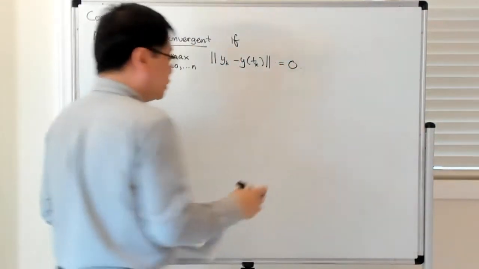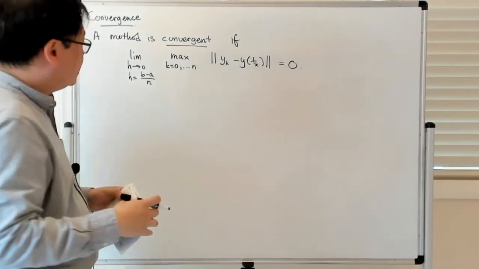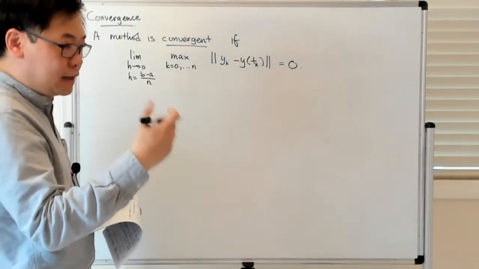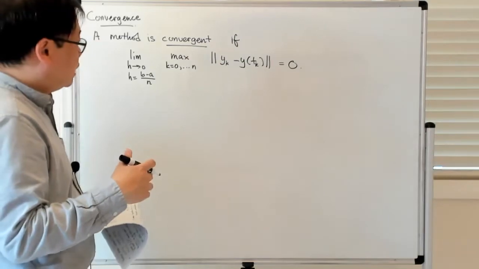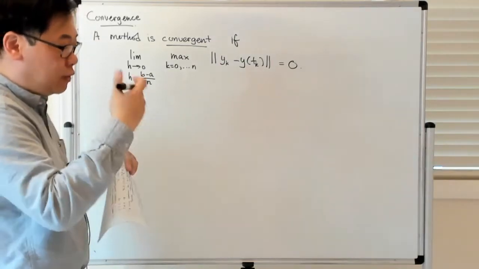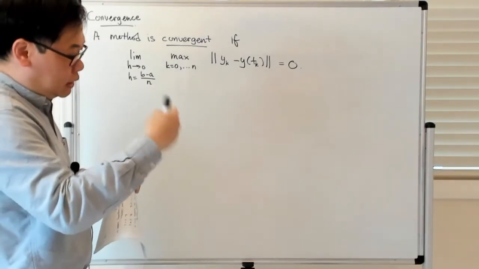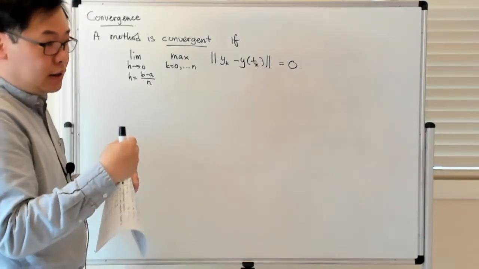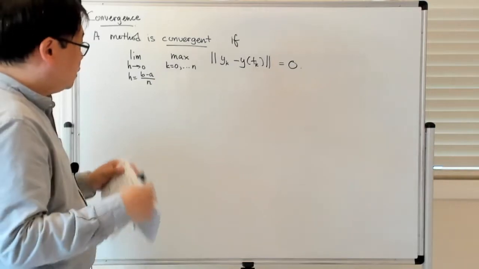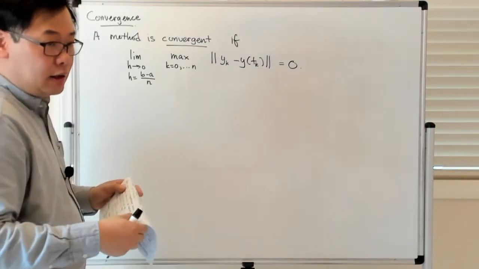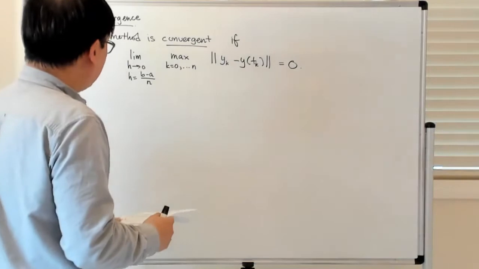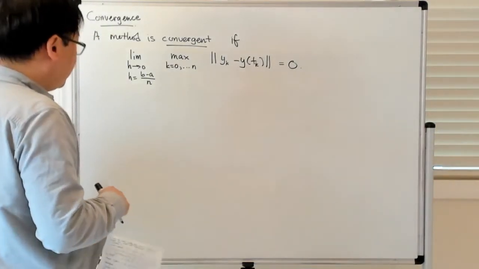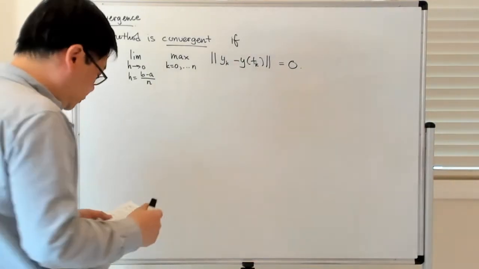So basically the idea is that as you take smaller and smaller time steps, you want the pointwise error you're making by replacing the exact solution with an approximation of the continuous solution at a bunch of points, the numerical solution, to go to 0. Okay, so that's a very natural notion of error and of convergence.